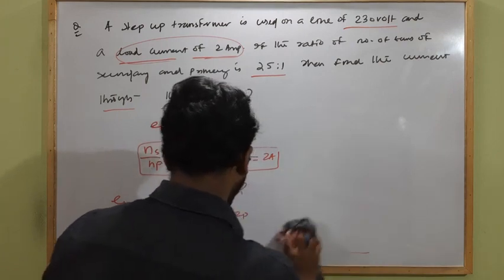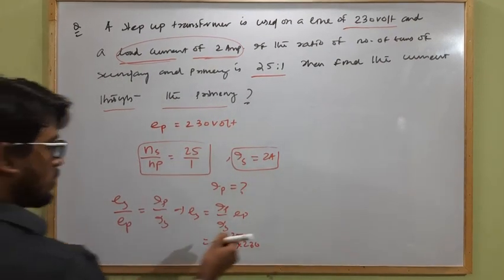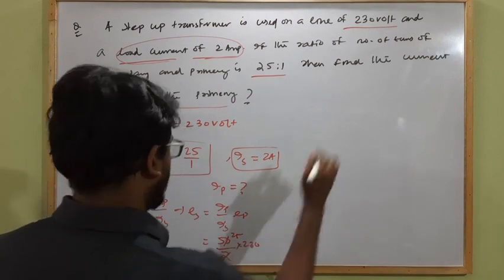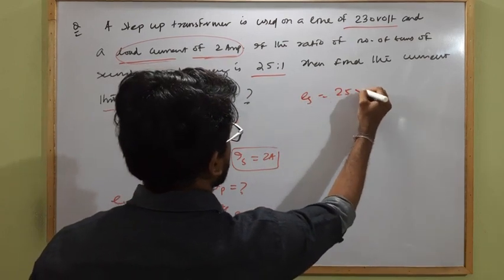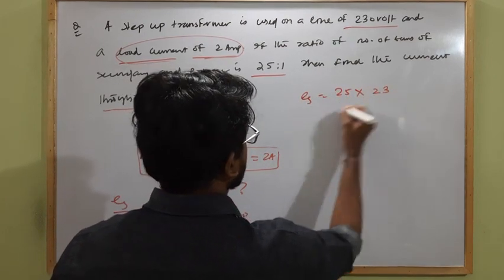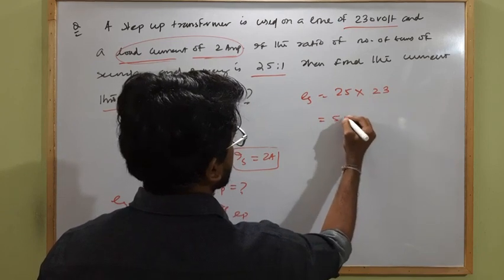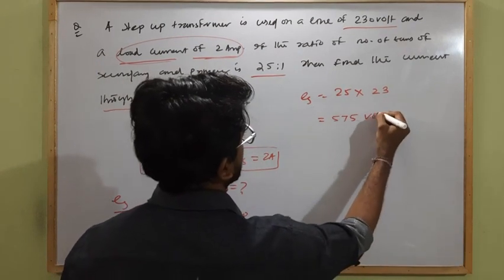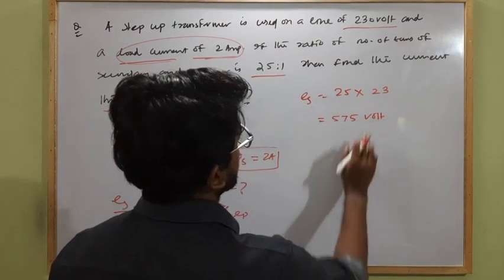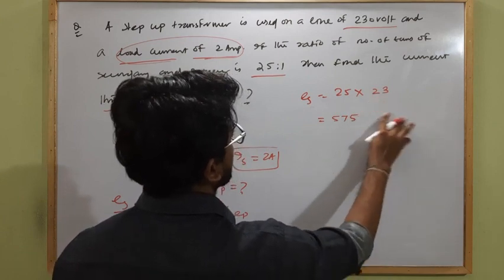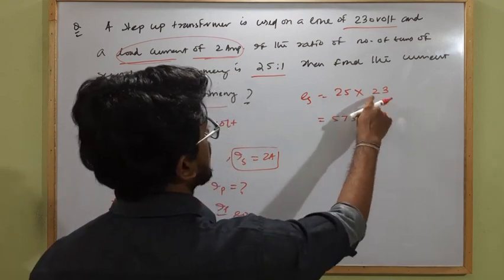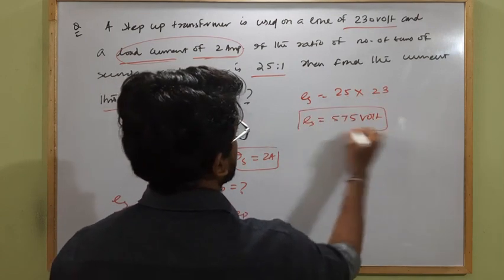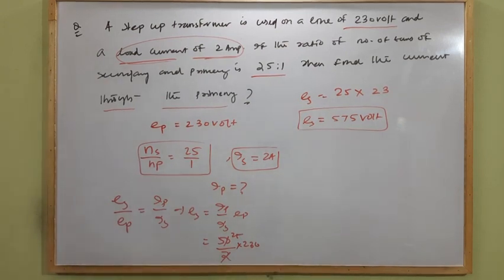So Es equal to 25 into 230, which will be 500 plus 75, equal to 5750 volt. Clear? Okay.